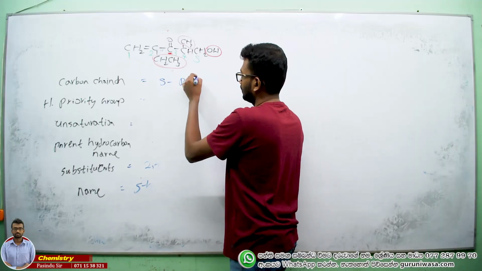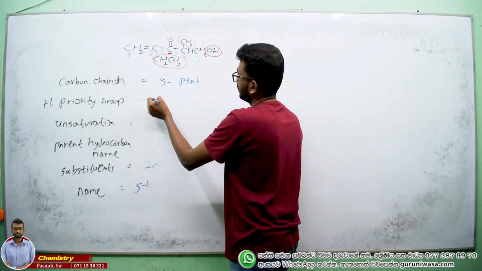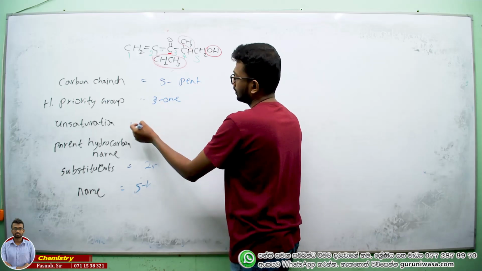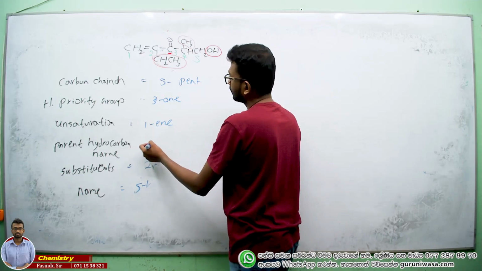Five means pent. Highest priority group, ketone group, therefore 3 on. Unsaturation 1 in the parent hydrocarbon, 1 pentene.